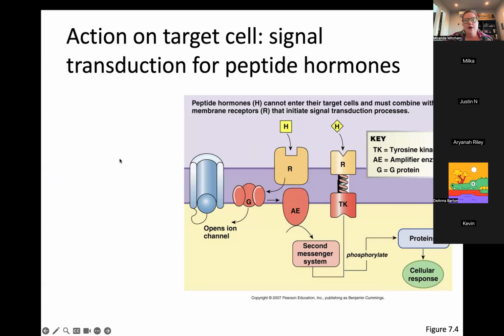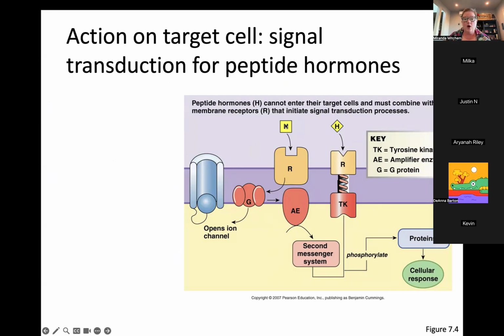Okay. So another reason why peptide protein hormones are so good and prominent is because they can activate many responses inside their target cell, including activating second messenger systems.